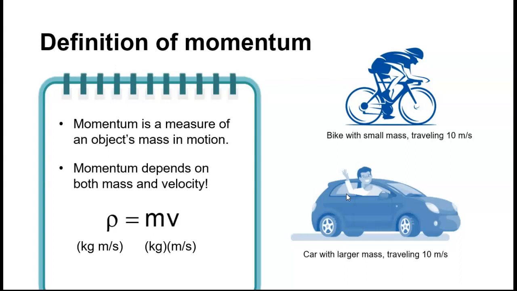And obviously the car then would have more momentum than the bike. But it's possible that I could have a bike that was going super, super fast, and I could have a car that was going really, really slow, and they could actually have the same momentum. So again, momentum depends on both mass and velocity.